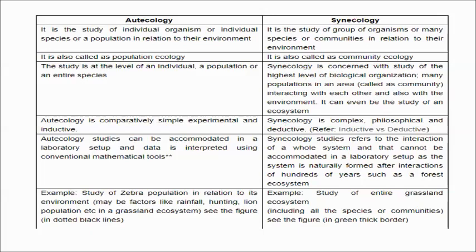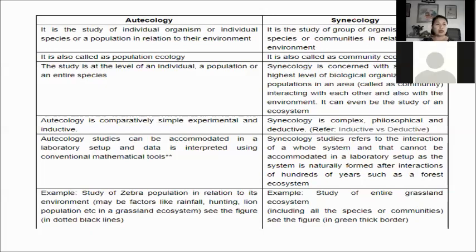Okay, so what else? Autoecology is comparatively simple, experimental, and inductive, while synecology is complex, philosophical, and deductive.